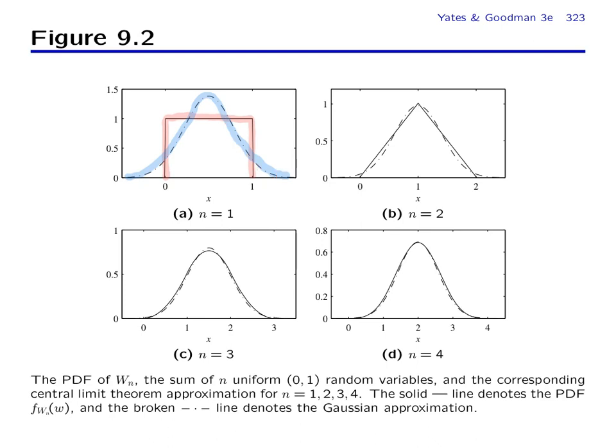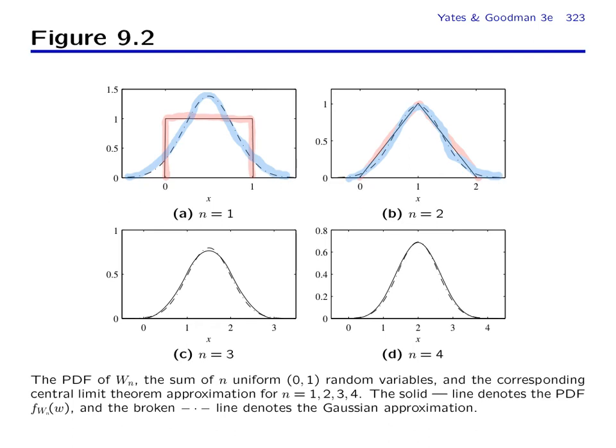However, for n equals 2, the sum of two 0, 1 uniform random variables, if you calculate the PDF of that sum, you get a triangle PDF, shown in this slide. And if you compare that to the Gaussian PDF of the same mean and variance, the dashed line in this plot, they are remarkably similar.